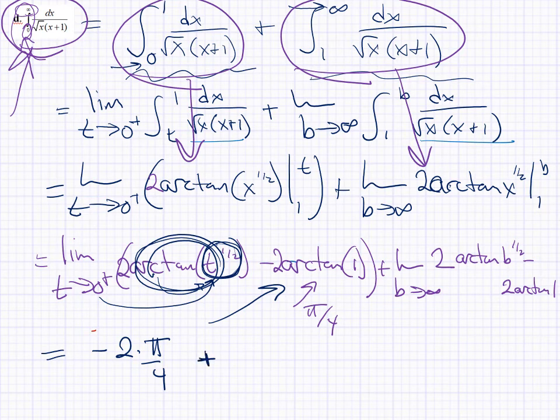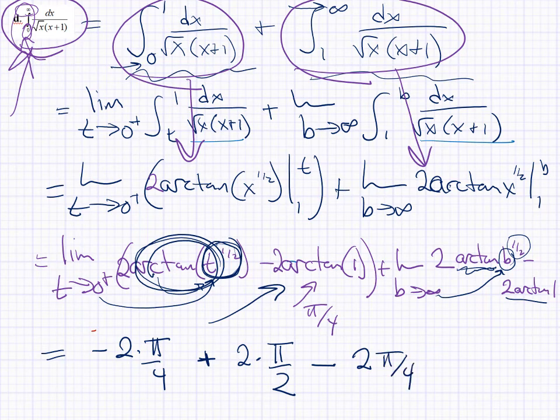Plus, now we go to the next one. As b goes to infinity here, b to the 1/2 also goes to infinity. And the arctan of something that goes to infinity goes to pi halves. We've said that before already in this lesson. So then we get 2 times pi halves minus, this one is, again, 2 times pi over 4. So what do we end up with here?